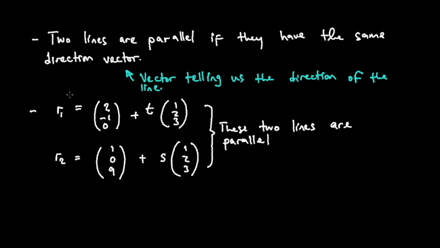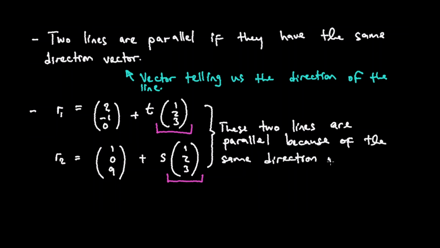These two lines are parallel. Why are we saying the two lines are parallel? Because looking at this direction vector (1, 2, 3) and this direction vector (1, 2, 3), they have the same direction vector. What is the direction vector? (1, 2, 3).